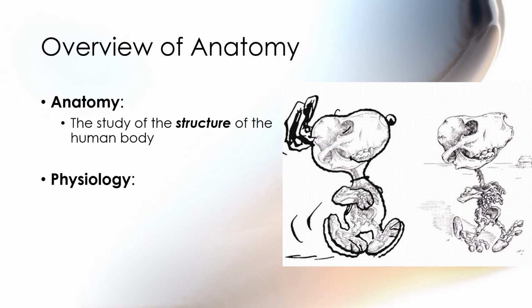Well, when we're studying just anatomy, we're studying the structures of the human body or any other animal or body, right? So we're just covering the structures, which is very memorization based, versus physiology, which is really the function of those structures within the human body. We really can't talk about one without talking about the other one.